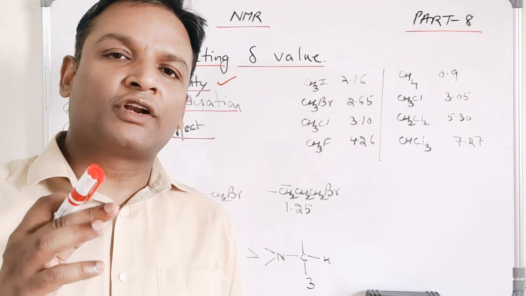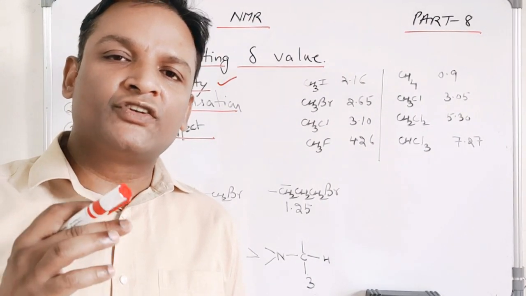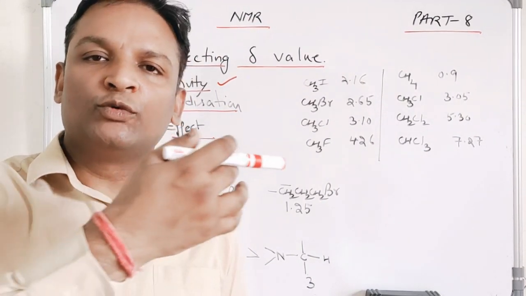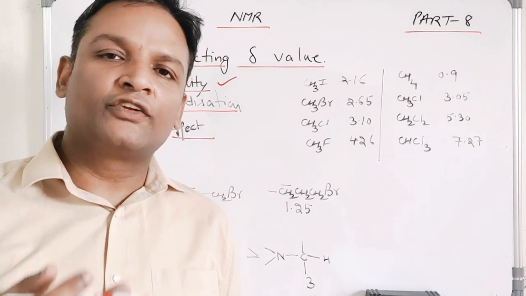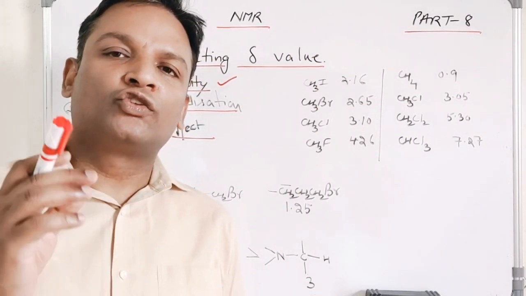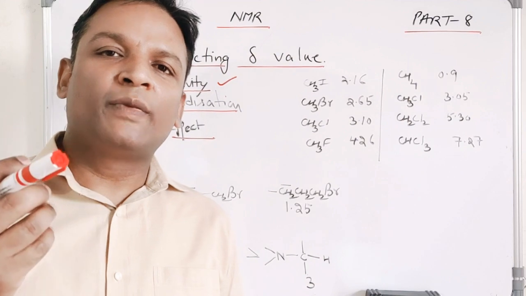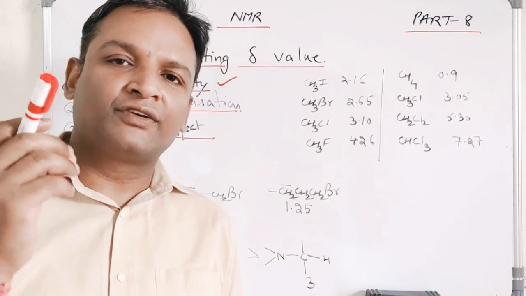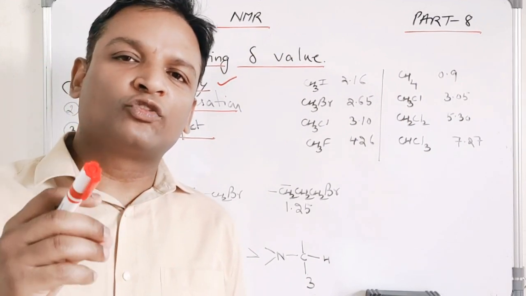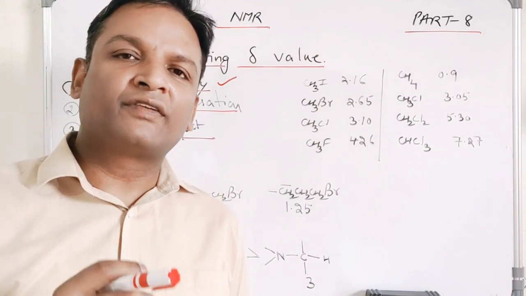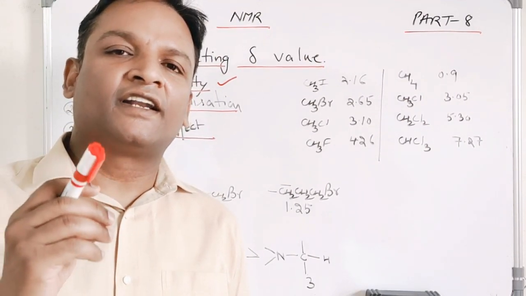So you cause de-shielding. De-shielding means removal of the electron cloud. You are stopping the shielding. As you increase the de-shielding, you make your proton more exposed to the external magnetic field, and more exposed means higher precession frequency it will experience and higher delta value it will show.